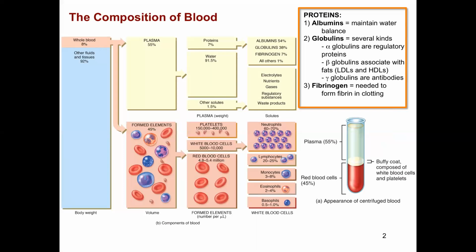So the idea here is that these proteins cannot leave the bloodstream, and the albumins will draw the water into the bloodstream, and it's fighting osmosis, which is pulling water out, right? I know albumins are not salt, but they are a solute, and water is going to follow that.